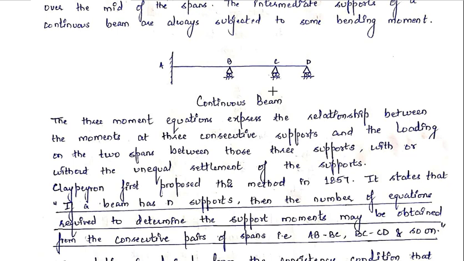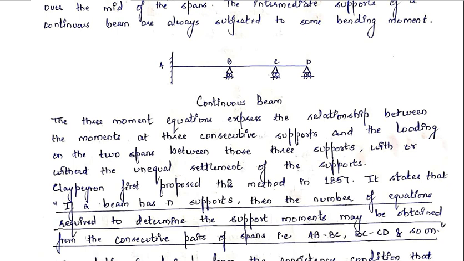So if a beam has n supports, then the number of equations which are required to determine the support moments can be obtained from the consecutive spans. Either you can take AB, BC or you can take BC, CD. By using these consecutive spans or these consecutive supports, we can find out the values of the bending moment at the supports.